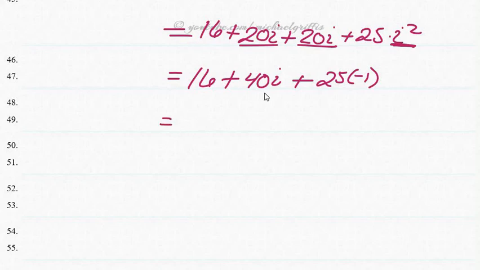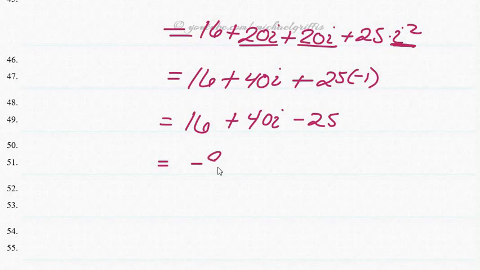Is equal to, now, okay, I'm going to go ahead and just rewrite it again. Minus 25. Let's bring that minus out front. So we have 16. Let's see, 5 and 4 is 9. So this is going to end up being negative 9 plus 40i. That's in that standard form, a plus bi. Make sure that's in the standard form there.